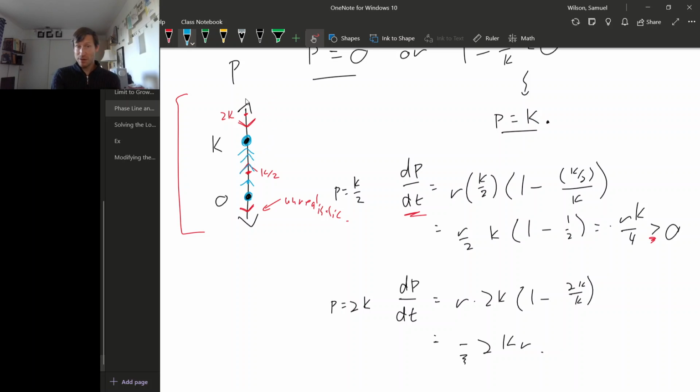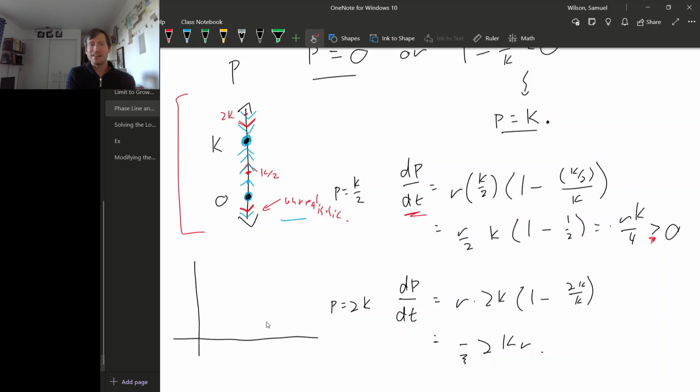Any solution that starts above k decreases towards k. Also, any solution that starts below 0 decreases, but that doesn't really concern us since that's unrealistic. This is actually enough information to sketch solutions for this differential equation without actually finding the solutions exactly.